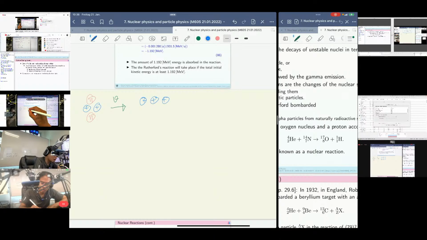We have 6 neutrons, and 1 more neutron here. Now we have 7 neutrons. This is the nucleus of nitrogen 14.